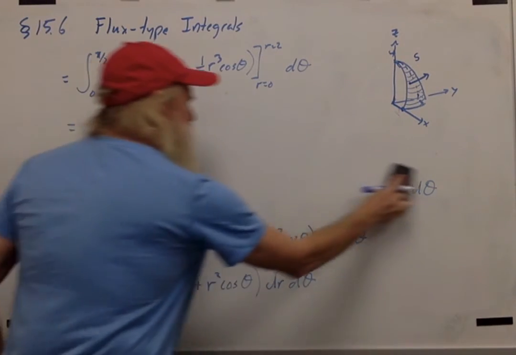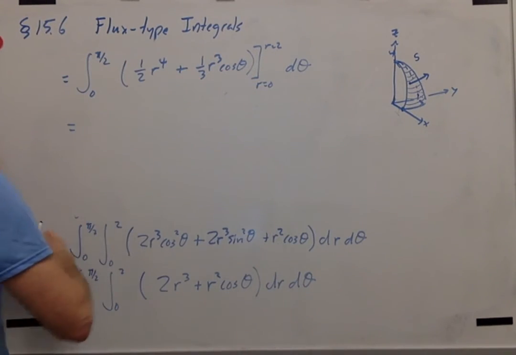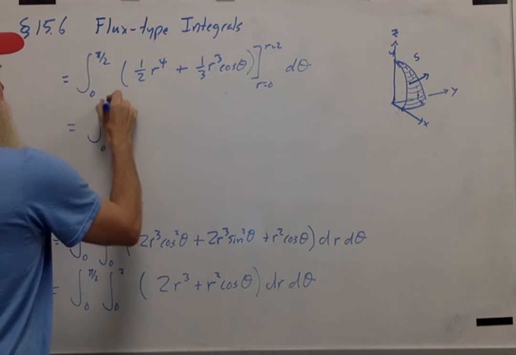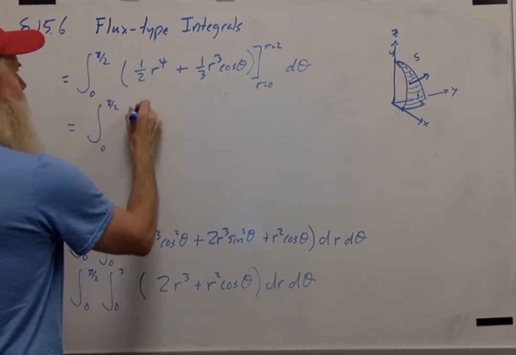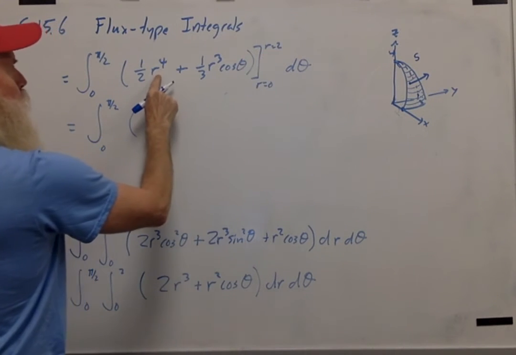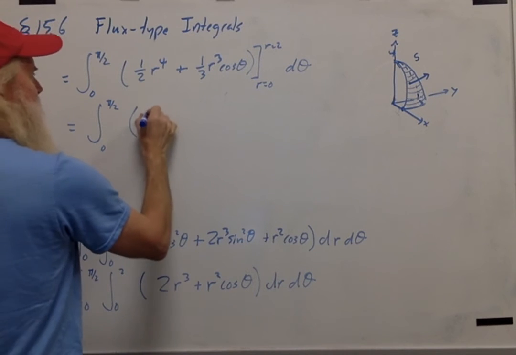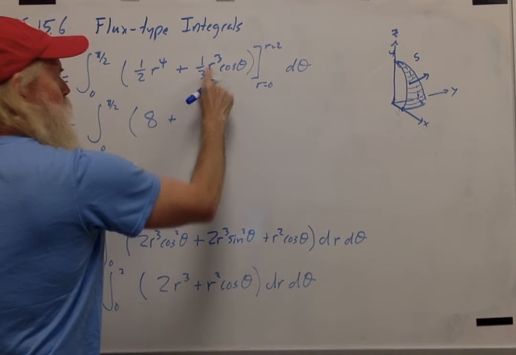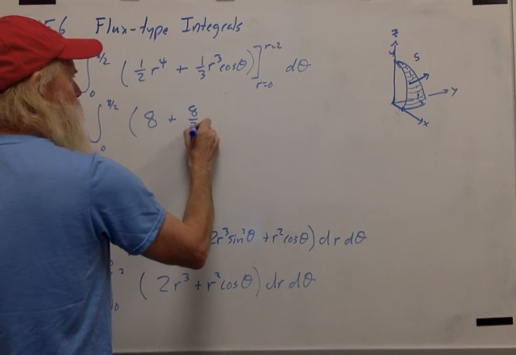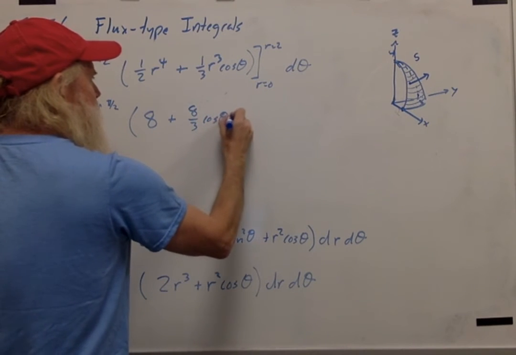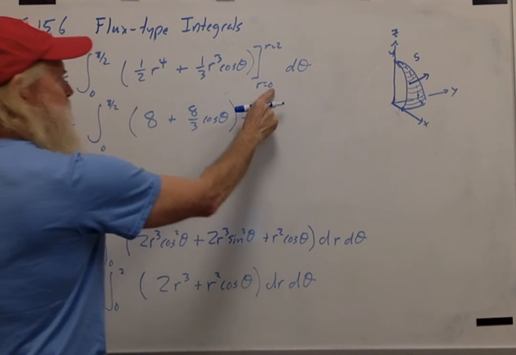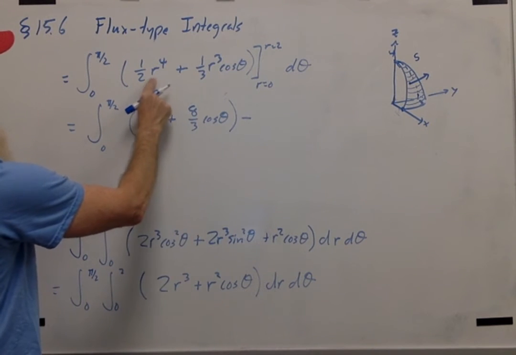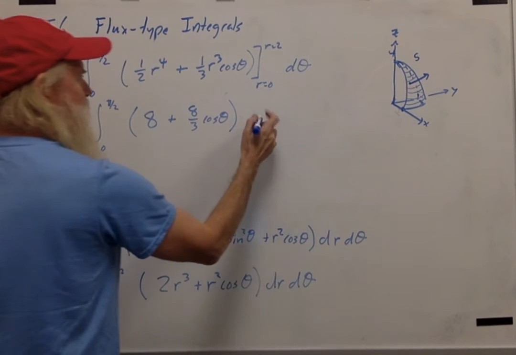Plugging in the endpoints and subtracting, I get the integral from 0 to pi over 2 of 2 to the fourth is 16 over 2 is 8, plus 2 cubed gives me 8 over 3 cosine theta, minus, when I plug in r equals 0, I actually get 0 both times.